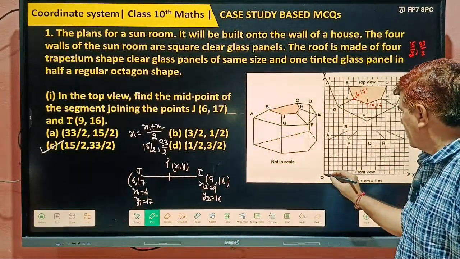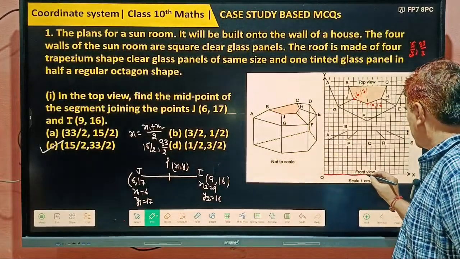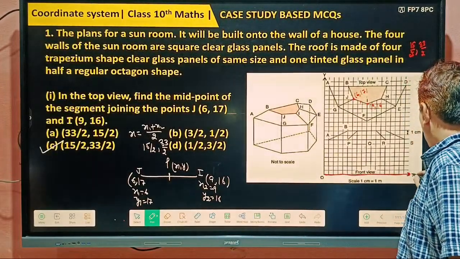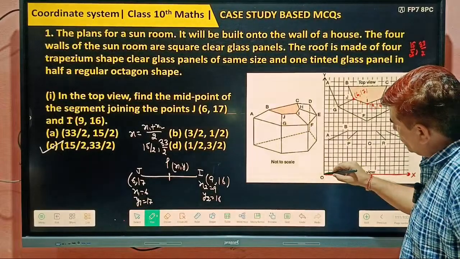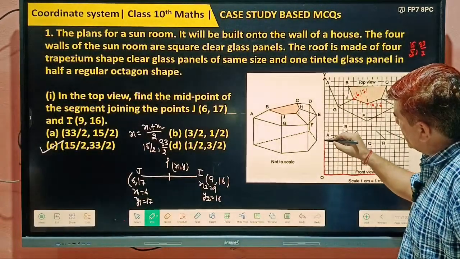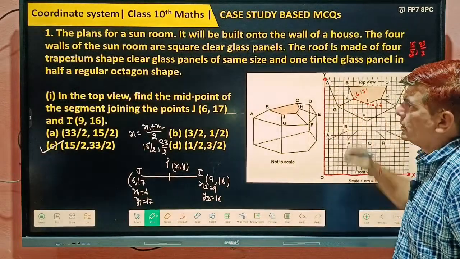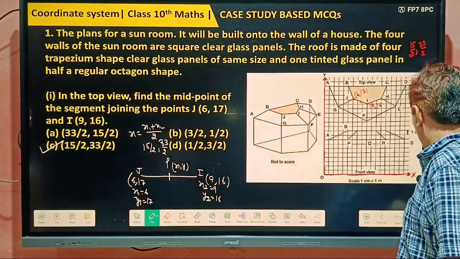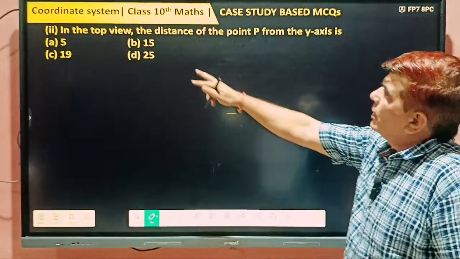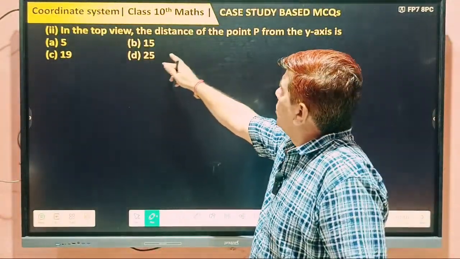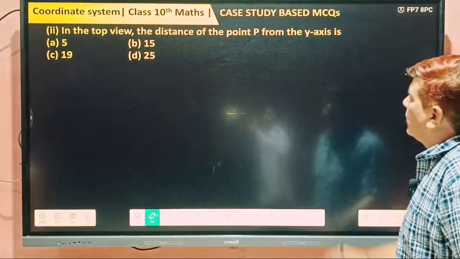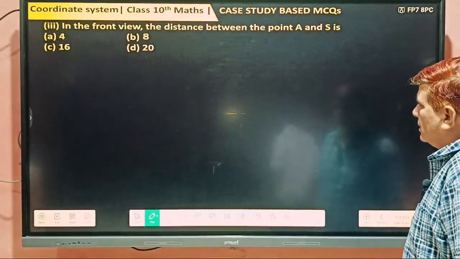And this one, we can say x-axis. Already written also. What is this? Y-axis. And which thing we have to find out? In the top view, the distance of the point P from the y-axis.